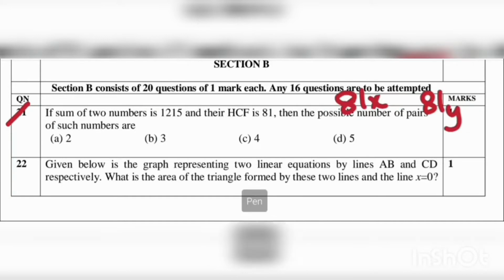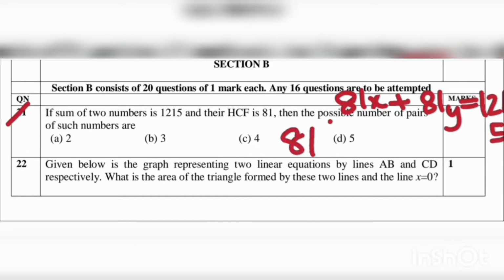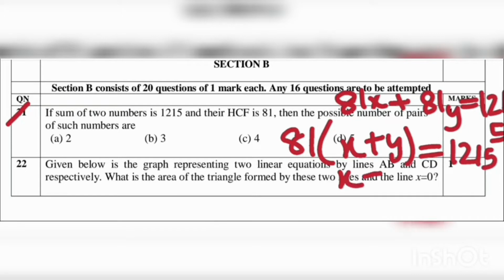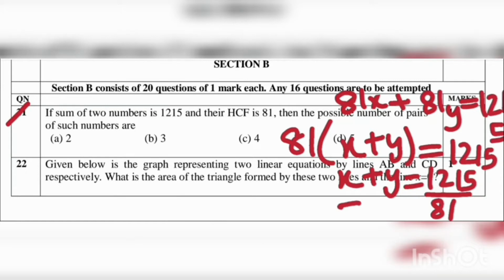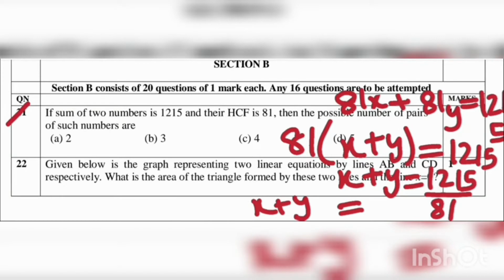So if we add them and take 81 common, we will be left with (x plus y) into 81 equals 1215. And x plus y will be equal to 1215 upon 81. If we simplify this, we will get x plus y equals 15.